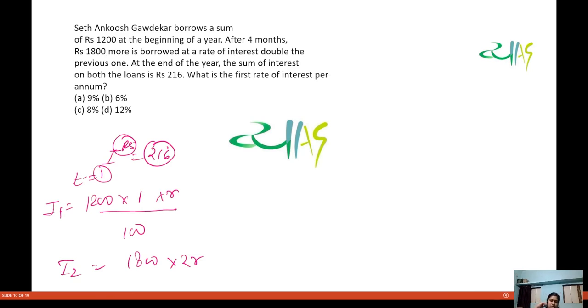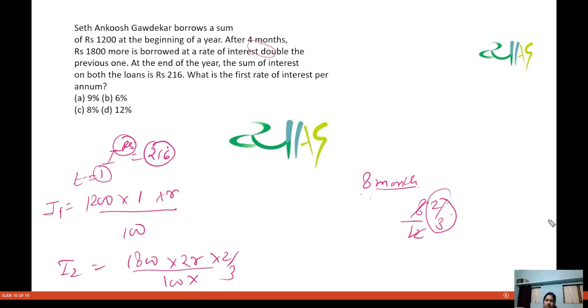Rate of interest is 2R, and time is how many months? 8 months. 8 months I can write as 8 by 12, that is equal to 2 by 3. So just write 2 by 3 into 100 here.